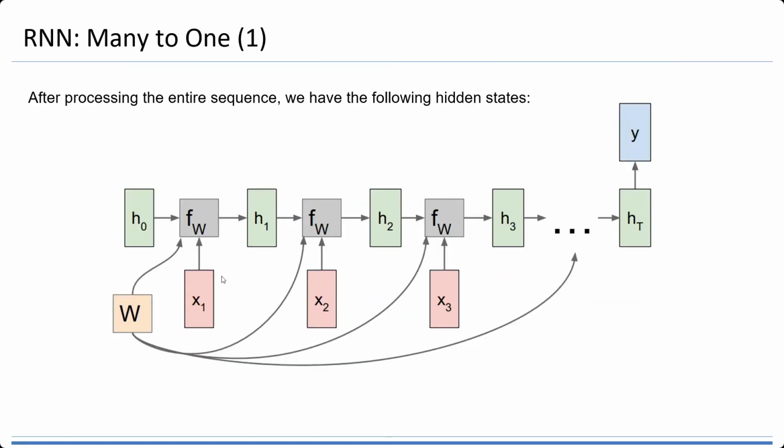However, if we have many to one, then we need to calculate hidden state 1, hidden state 2, hidden state 3 until t, and we will produce an output. After we finish all the calculation, the final h will determine the output. And we have the inputs x1, x2, x3, so at every step there is an input.